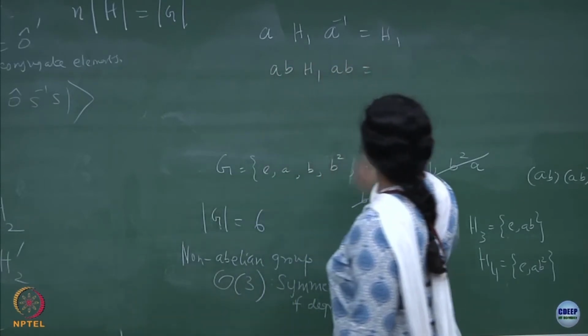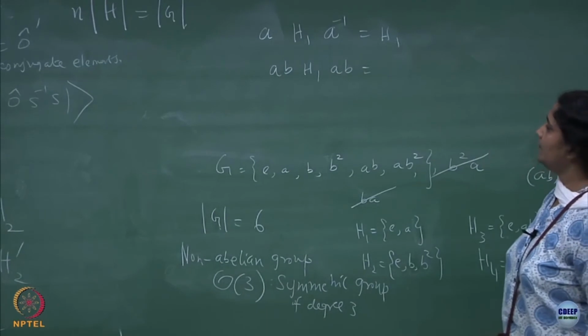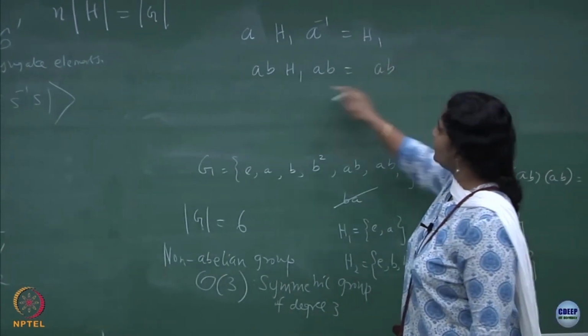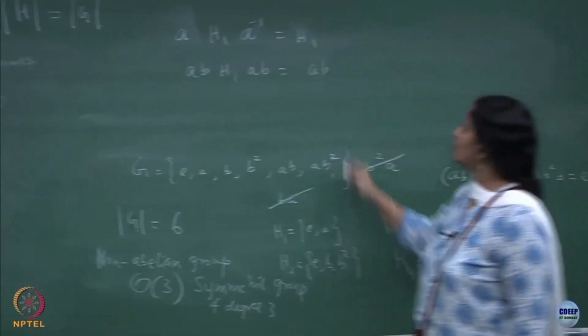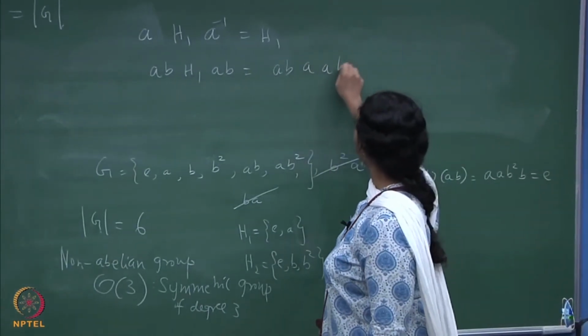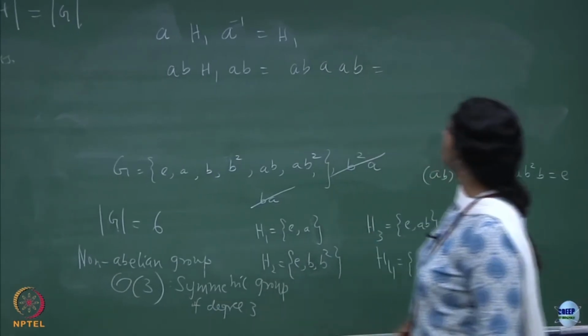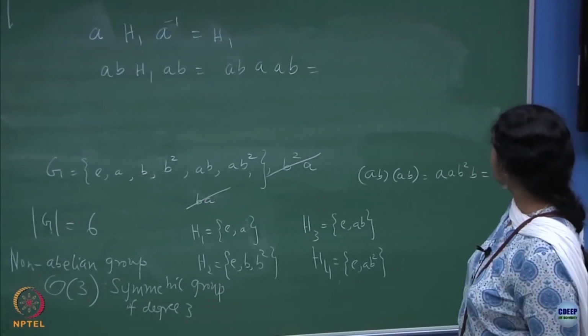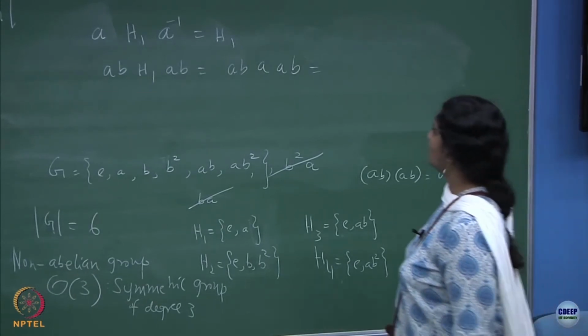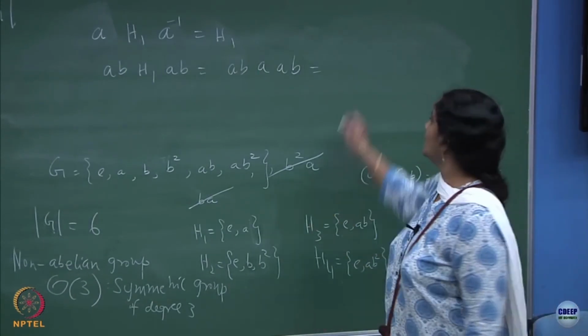Somebody can work this out. A B A, H1's non-trivial element is only A, right? What is this? Probably use the properties. What do you get?